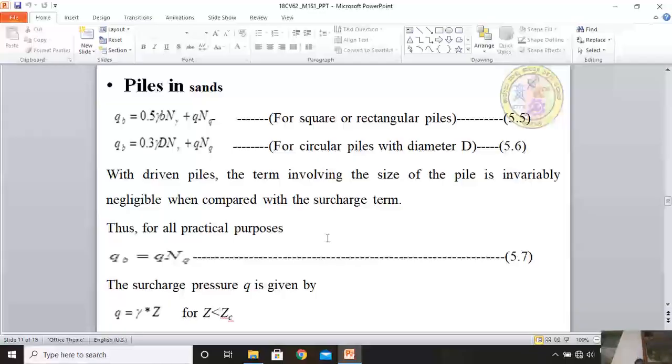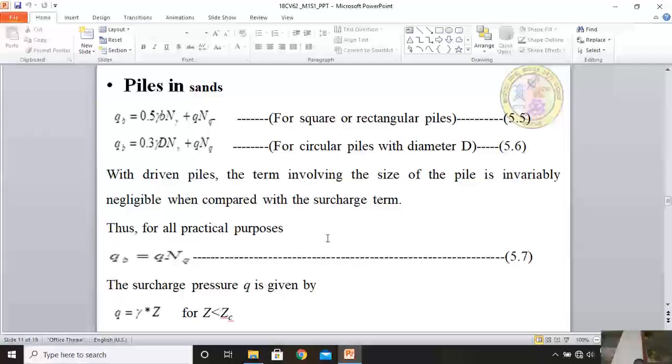NC, NQ and N gamma are Terzaghi's bearing capacity factors obtained from the tables with respect to the angle of internal friction value. And D is the diameter of the pile in meters.